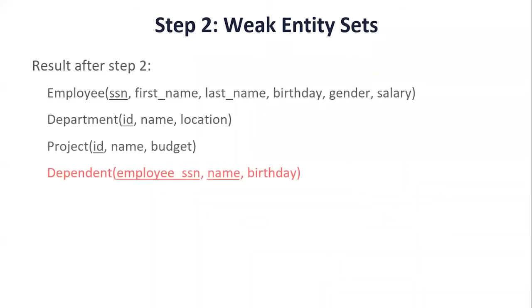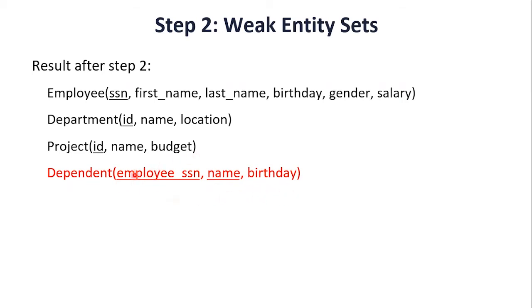So let's see. So we already had this after step 1, and now in the step 2 we have added this highlighted part. We have created the new relation dependent. Simple attributes are included, name and birthday.